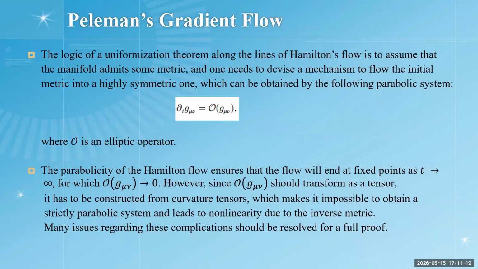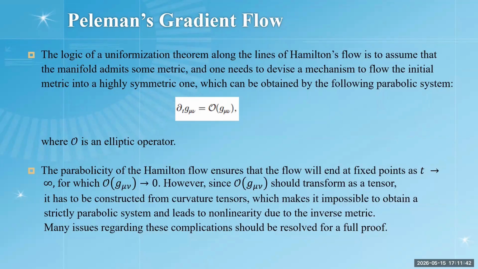We have some local temperature, and after some time this local temperature becomes uniform, and a similar thing happens in the geometrization, uniformization of geometry. This uniformization is described by the so-called Hamilton flow.